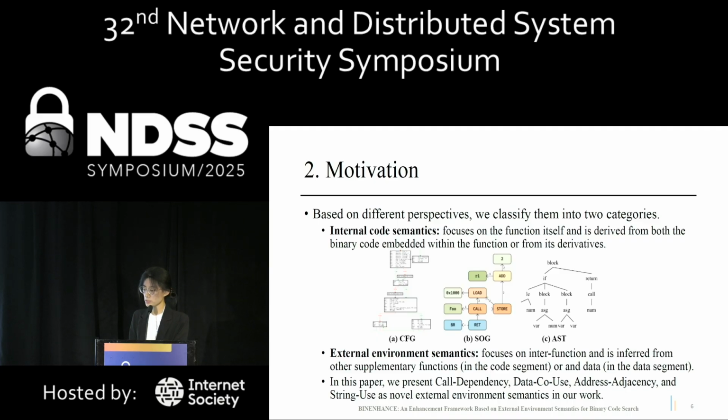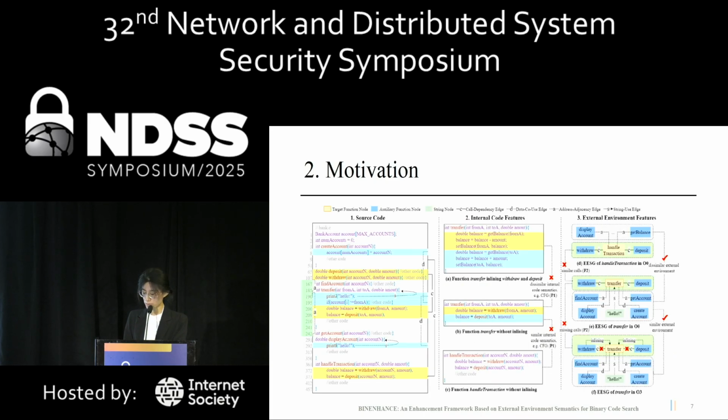External environment semantics focus on the function's surroundings and is inferred from other supplementary functions. In this paper, we present call dependency, data co-use, address adjacency, and string use as novel external environment semantics in our work. We illustrate our motivation with an example depicted in this figure.